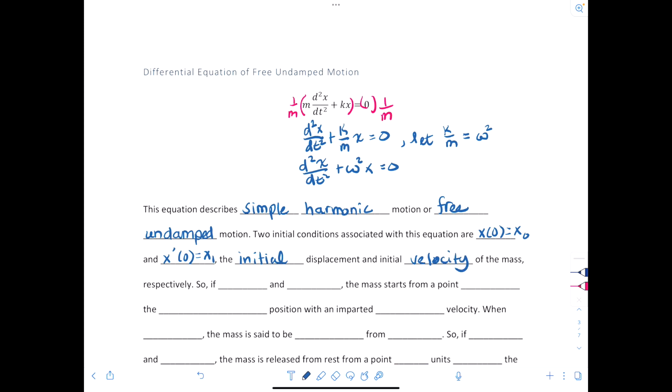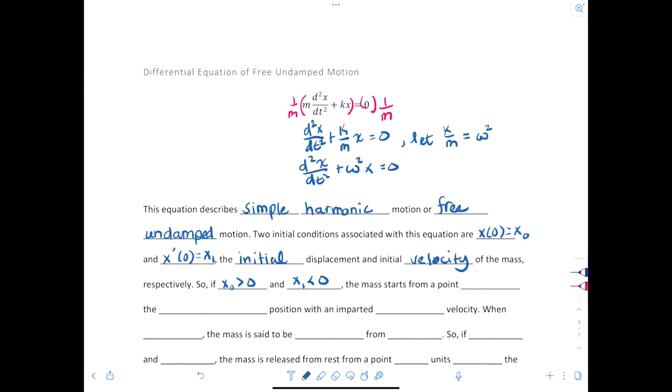So, if x0 is positive and x1 is negative, remember, for x to be positive, it has to start below equilibrium.